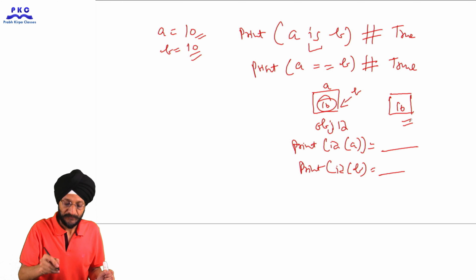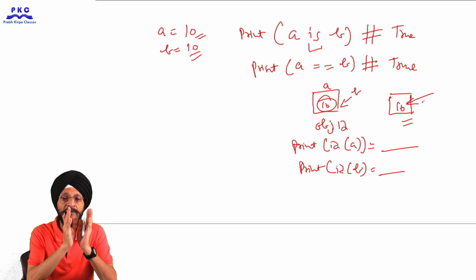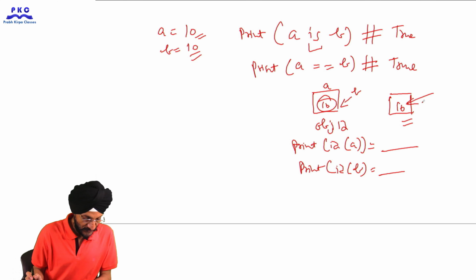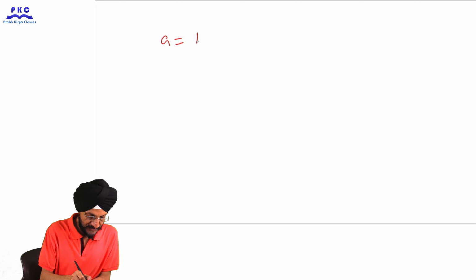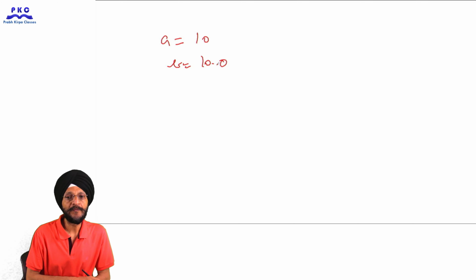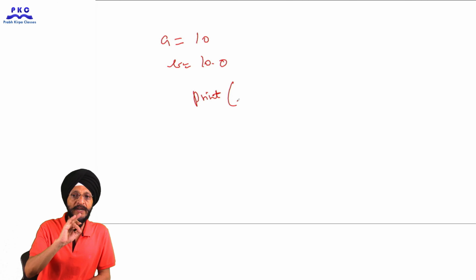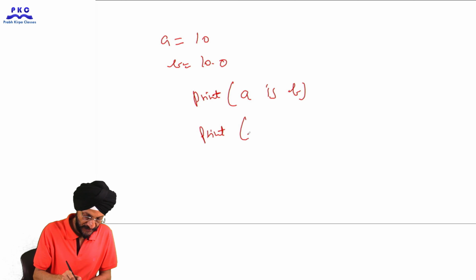But in case of the equality operator, it will give the result on the basis of the values only. So now if we write a is equal to 10, b is equal to 10.0, and now we use the is operator and the equality operator: print a is b, print a equal equal b.